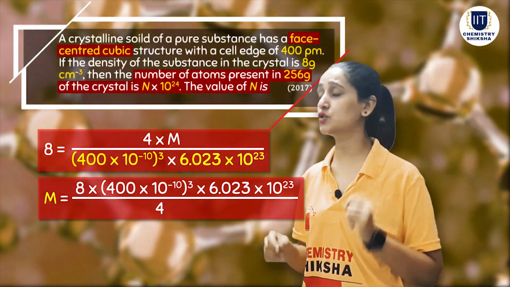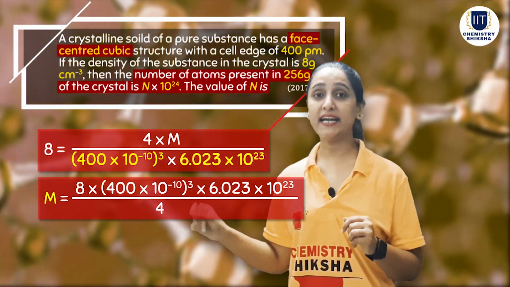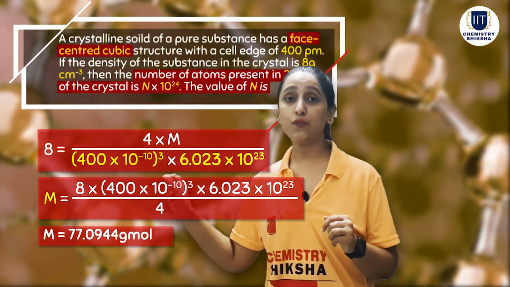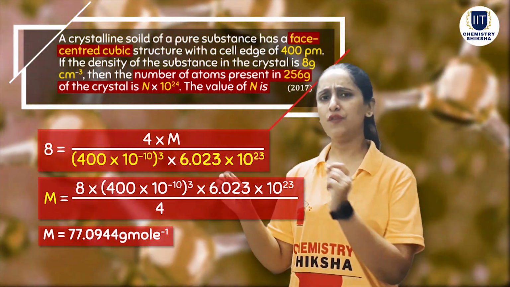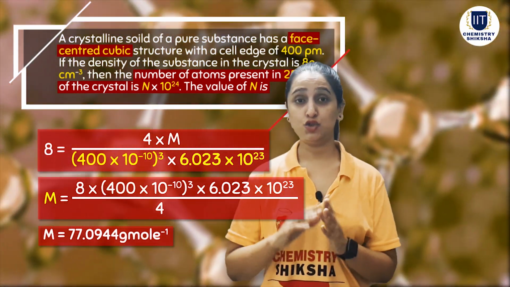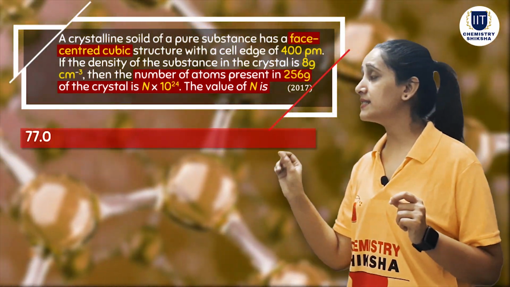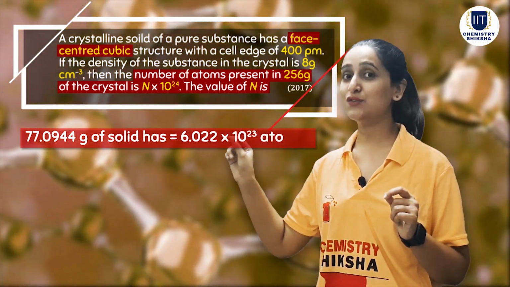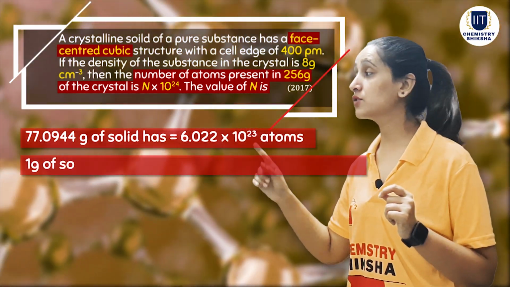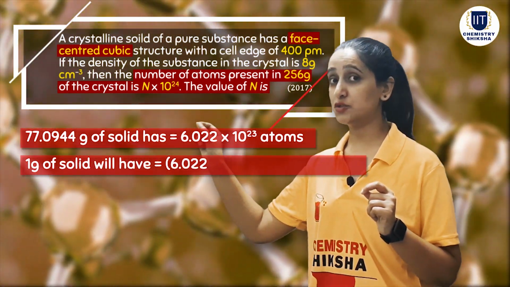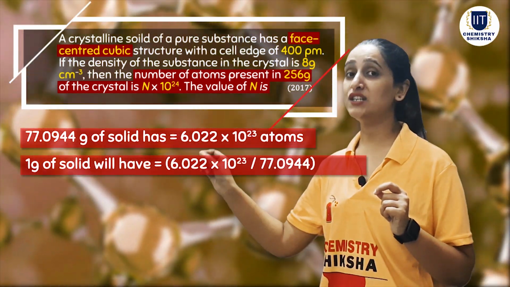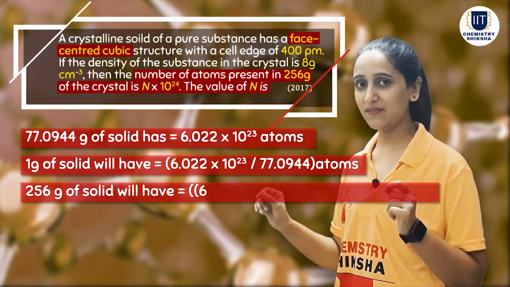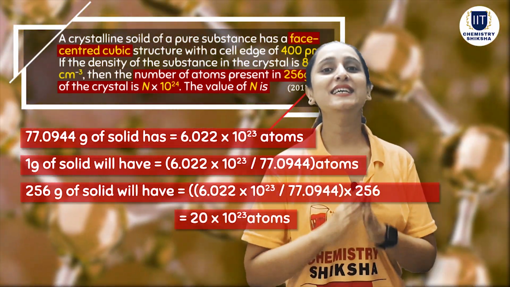So reshuffling these values, we will get molecular mass equal to 77.0944 gram per mole. Now we have to simply apply the unitary method to proceed further. 77.0944 gram of solid has 6.023 into 10 to the power 23 atoms. So 1 gram of solid will have 6.023 into 10 to the power 23 divided by 77.0944 atoms, and 256 gram of solid will have 20 into 10 to the power 23 atoms.